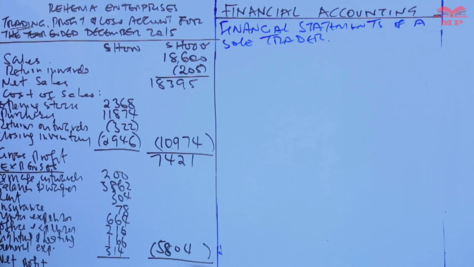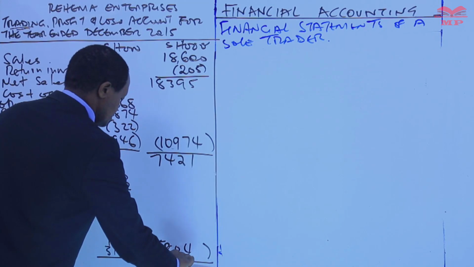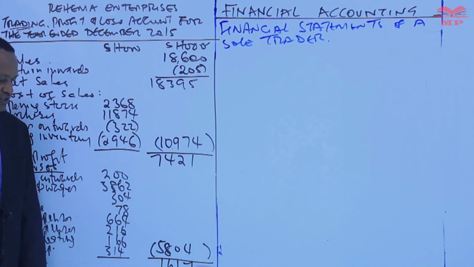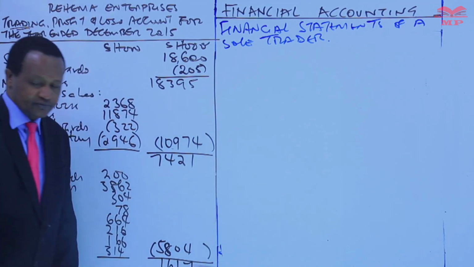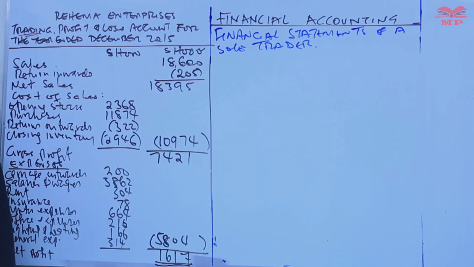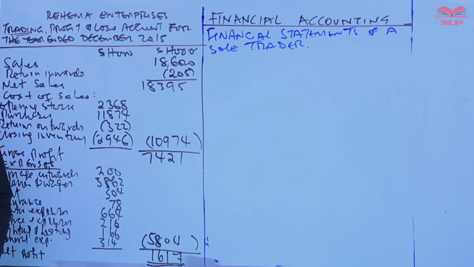John says 1617. So we put two double lines there. 1617. That is the net profit. So that is how to prepare a statement of profit or loss.